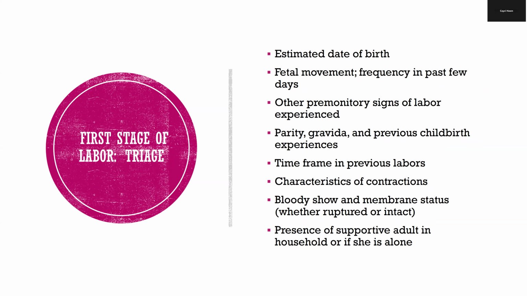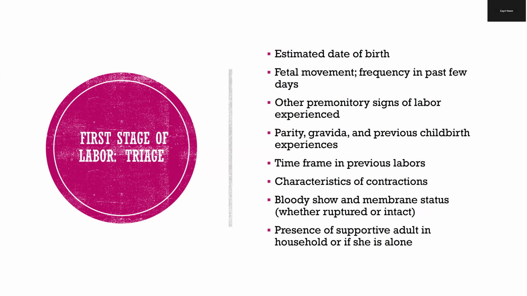Now, as far as the stages of labor, you need to absolutely understand and know the different stages and phases and how they're managed. So again, in the first stage of labor, we may start out in triage where we're trying to determine if they're even in labor.